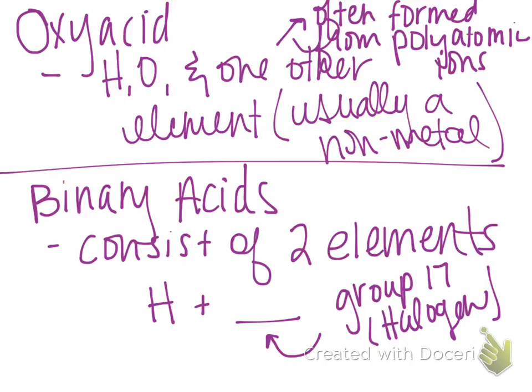Okay, do we understand the two different types of these things? Binary is hydrogen plus one other element. Oxyacid has to contain hydrogen, oxygen, and then some other element. Okay, that's usually a nonmetal. Okay, our oxyacids most of the time come from our polyatomic ions. That's not all the time, but it's most of the time.